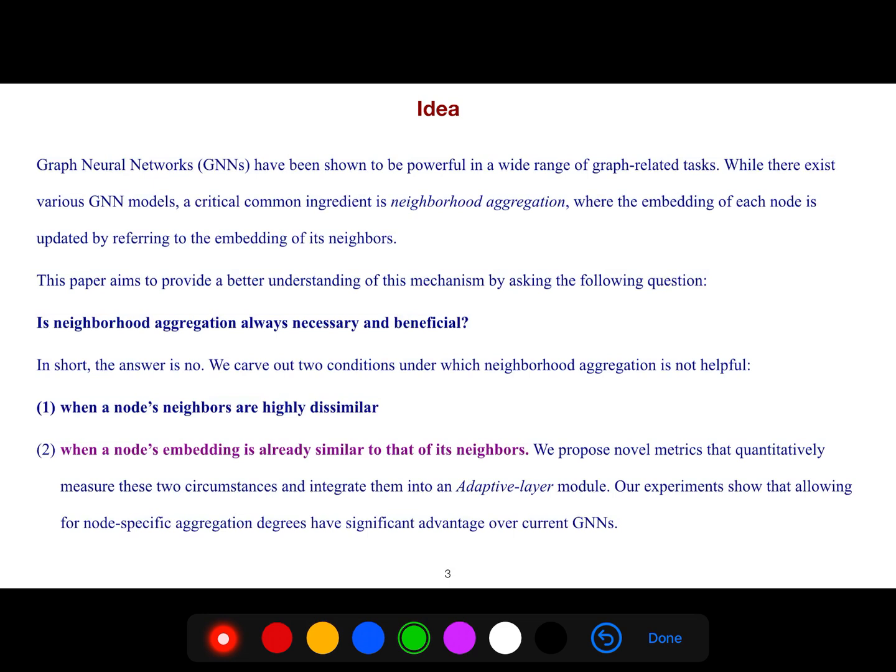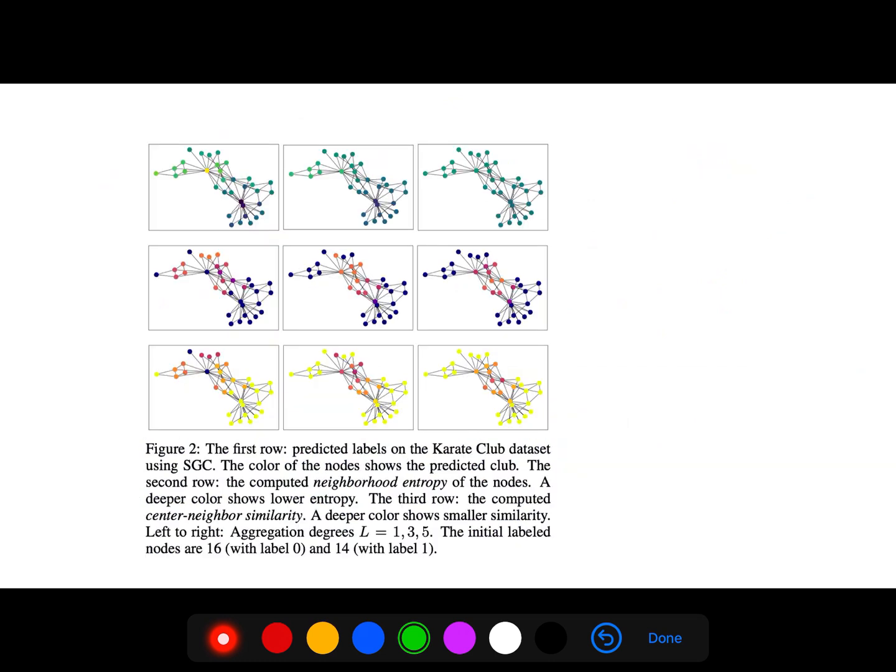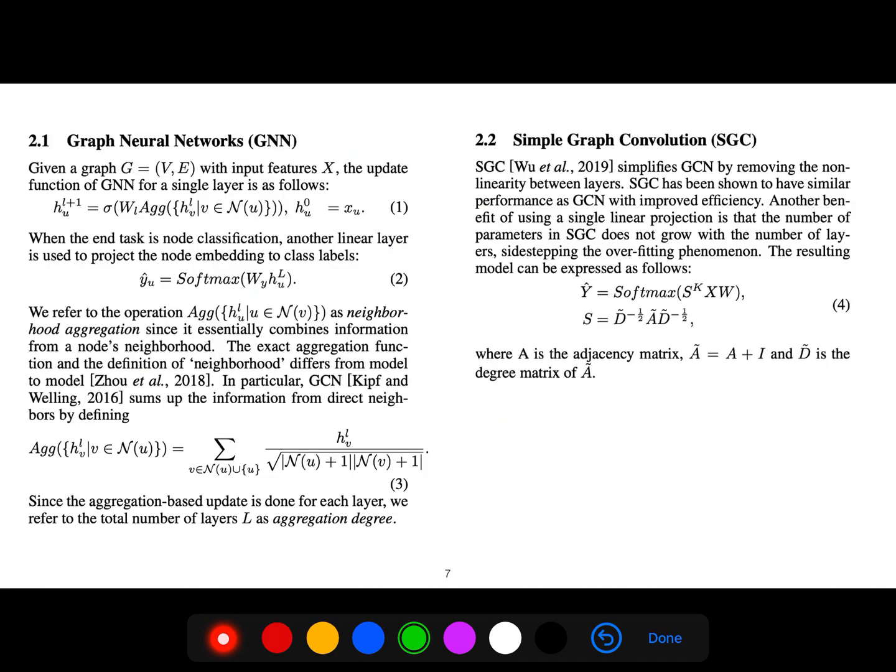We propose novel metrics that quantitatively measure these two circumstances and integrate them into an adaptive layer module. So this simple graph convolution is just a simple formulation of a graph convolution network.